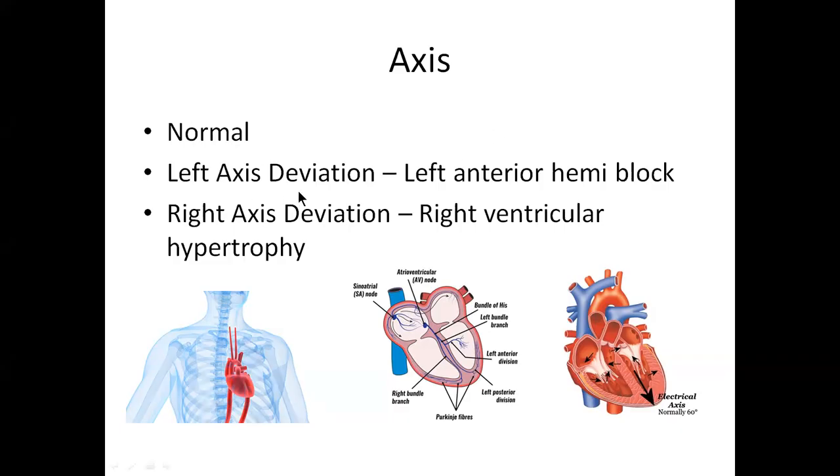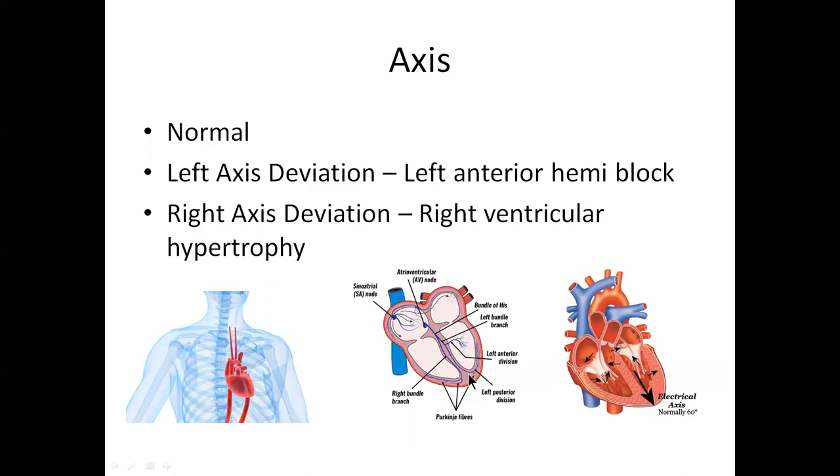Now, left axis is slightly different. Remember, after the bundle of His, you get the right bundle and the left bundle. But the left bundle has two parts, a left anterior division and a posterior division. Commonly, this left anterior division stops working. And if that happens, the posterior division has to do most of the work.